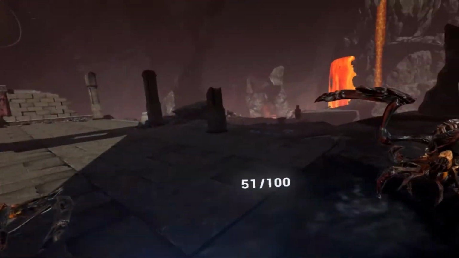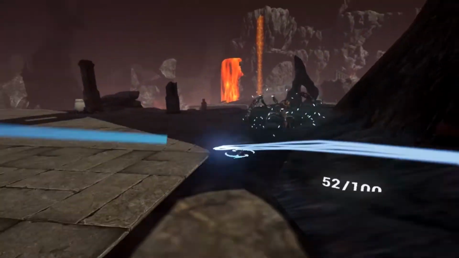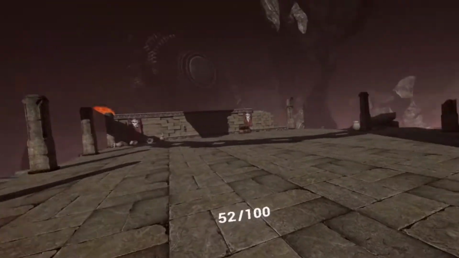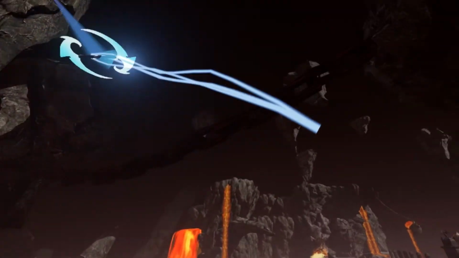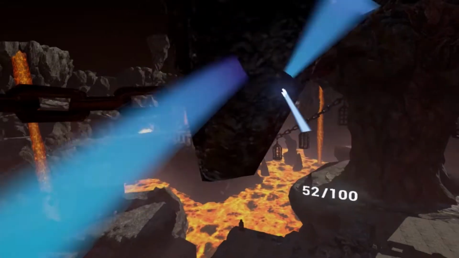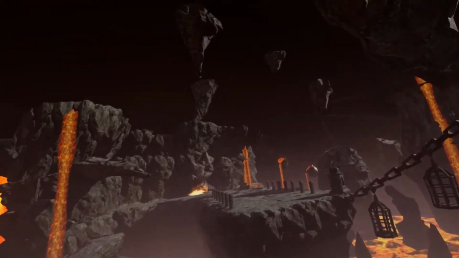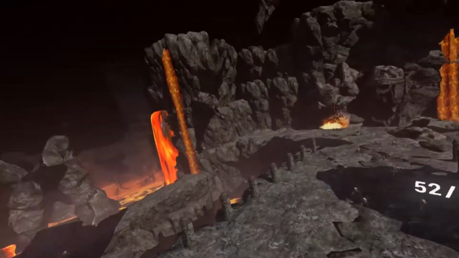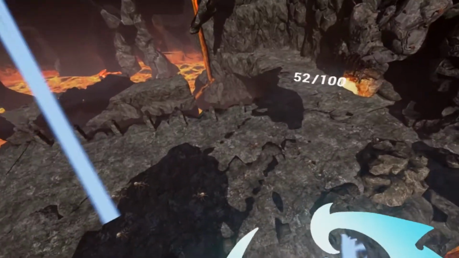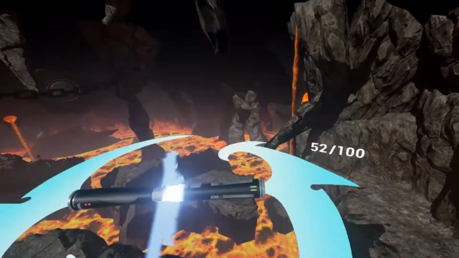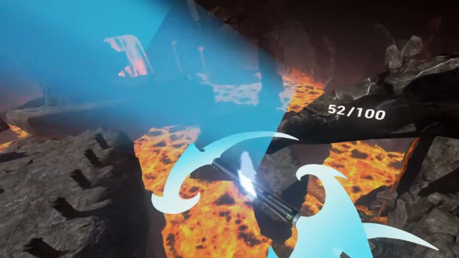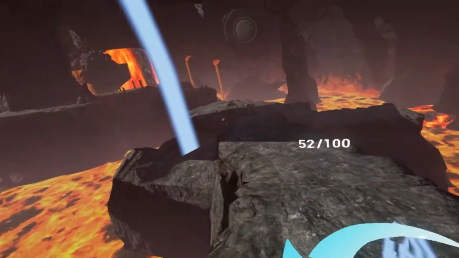We actually, it's not in the game because we ran out of time, but we started working for the first time with the built-in tools for artificial intelligence, behavior trees, and environmental queries. So enemies could potentially do advanced behavior simulation.